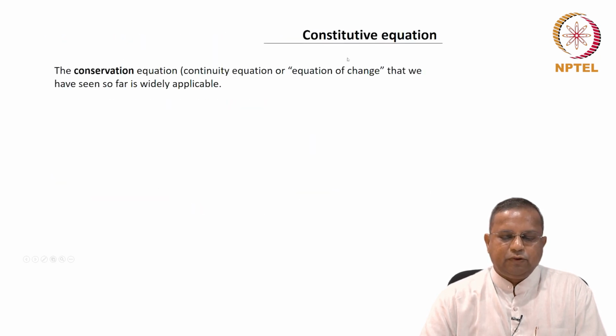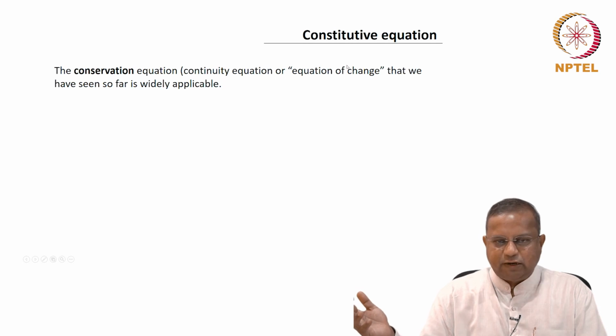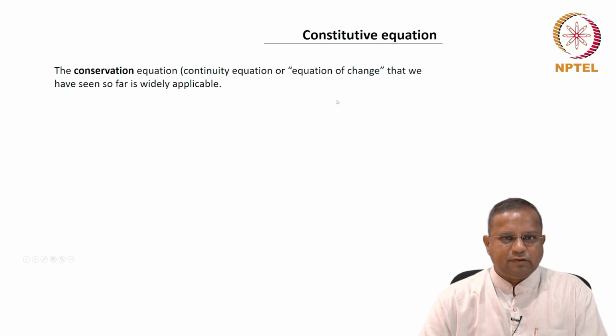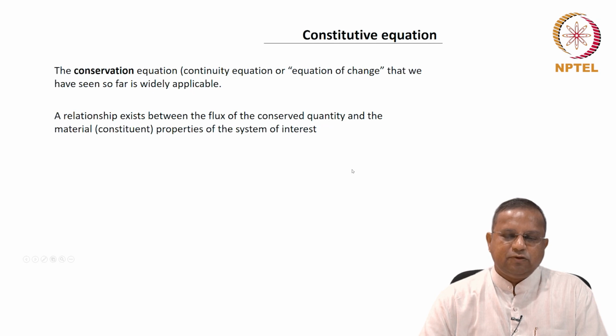Then we looked at something called a constitutive equation. We said a conservation equation is applicable in general pretty much throughout. For all practical purposes, pretty universal. Whereas a constitutive equation, which depends on the constituent nature of the substance, is a relationship between flux of a conserved quantity and the material properties of the system of interest.